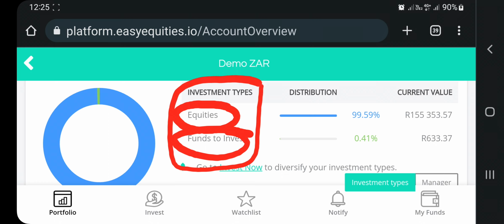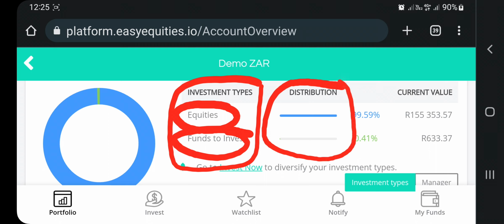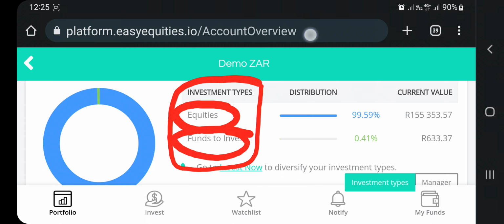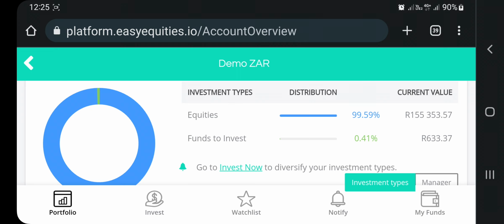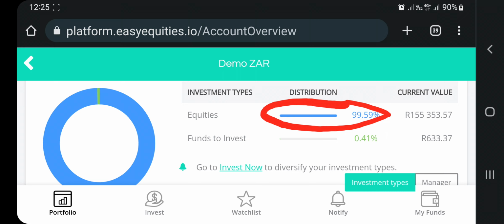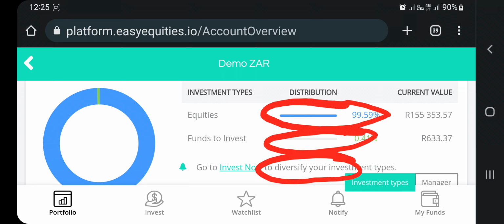Then here is the distribution in percentage. Maybe your shares are worth about 77%, then 77% is going to be here. Maybe your crypto is 10, your 10 is going to appear here, your ETFs maybe 3 or 4, then it's going to appear here.